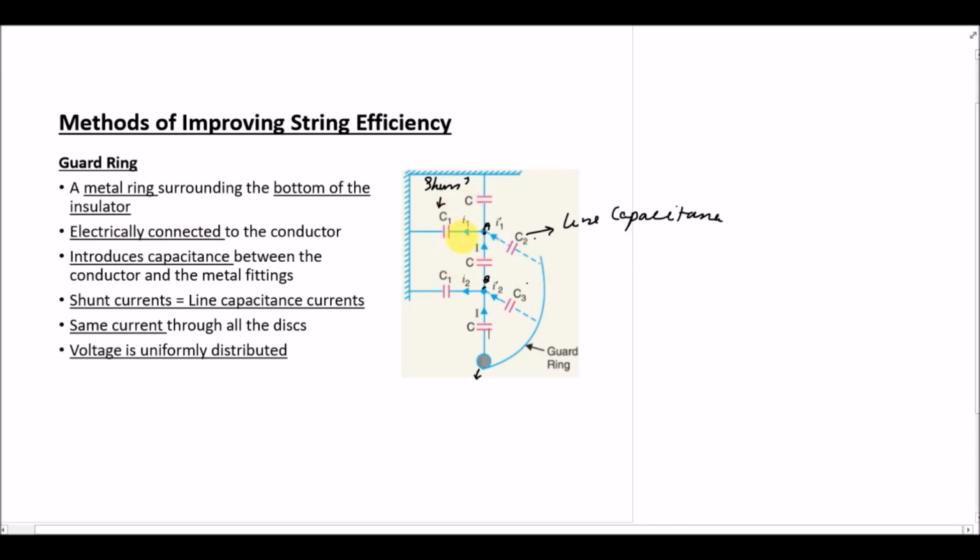So whatever current is passing through the shunt capacitance is provided by the line capacitance, and the current that is passing through the self capacitances will be equal. So if the current passing through the string insulators is equal, the voltage distribution will be equal, and if the voltage distribution is equal, the string efficiency will be increased.